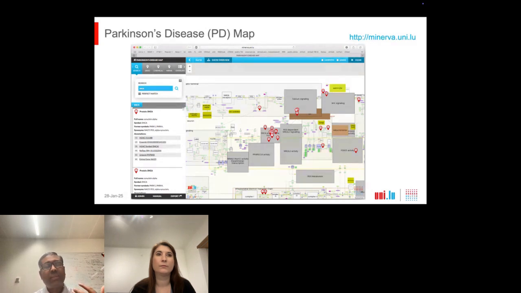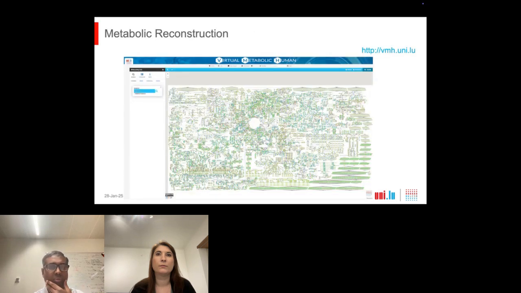Also the model format is SBML, the Systems Biology Markup Language, and this could be used for modeling and simulations as well. Okay, and this is an example of the Recon map. Recon is the human metabolic map.